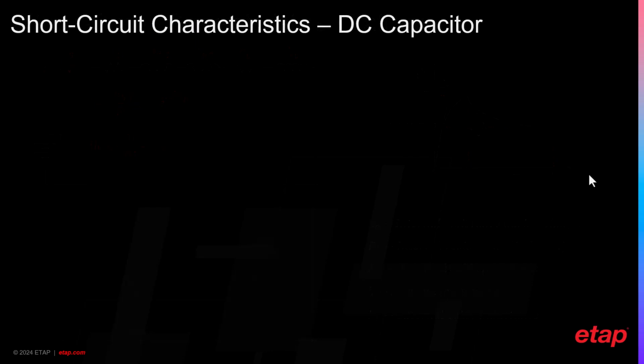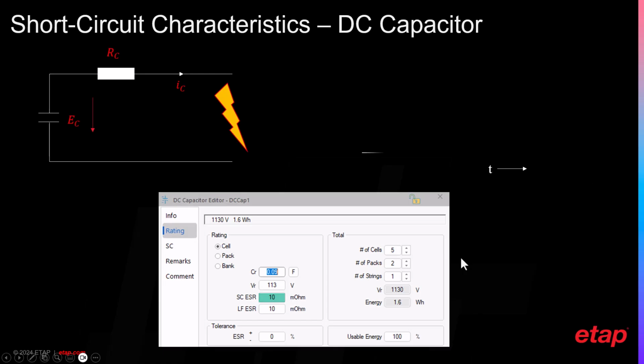Similarly, the standard also provides good references on other elements in the DC power system, such as a DC capacitor. The DC capacitor also has its charging current and the resistance across the capacitor, which could be entered in the ETAP editors depending upon the manufacturer data.